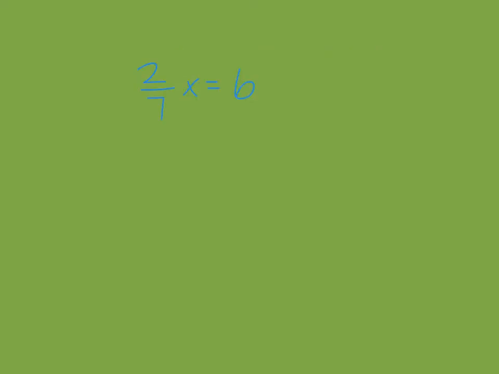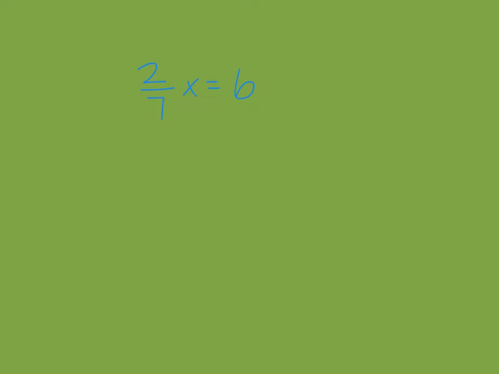Let's try a little bit more challenging problem here. So if I have 2/7 times x equals 6, remember that when I have any number right next to a variable, that means multiplication. Okay, that's from prior chapters. We have to remember that. All right, so what I need to do is get rid of 2/7.